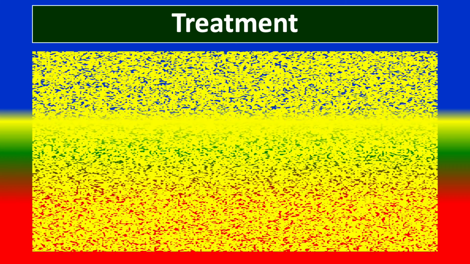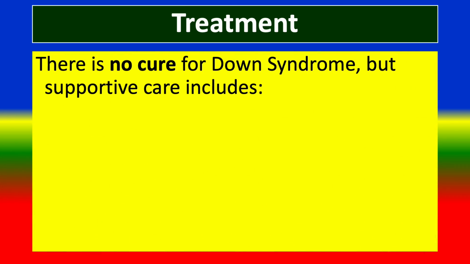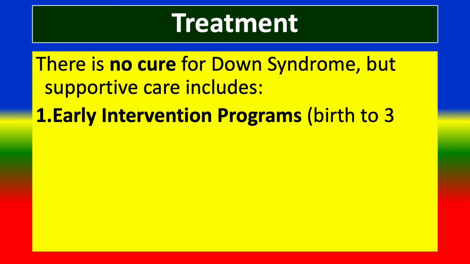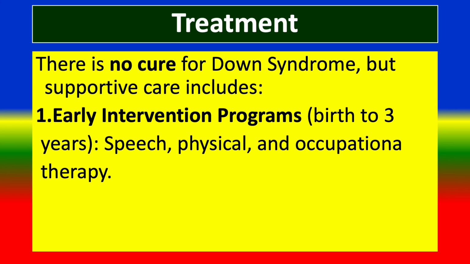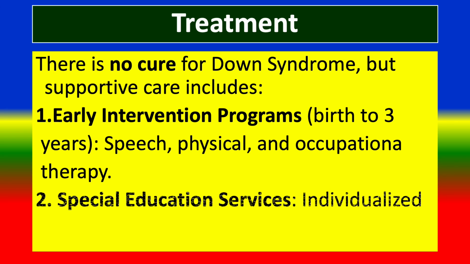Treatment options. There is no cure for Down syndrome, but supportive care includes 1. Early intervention program, birth to 3 years, speech, physical and occupational therapy. 2.